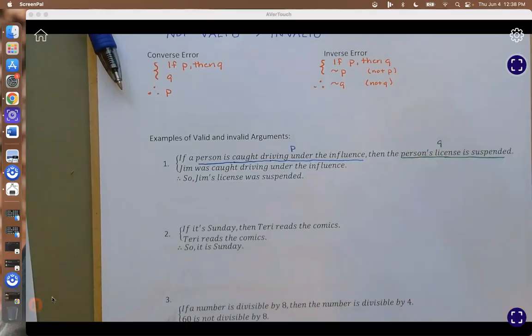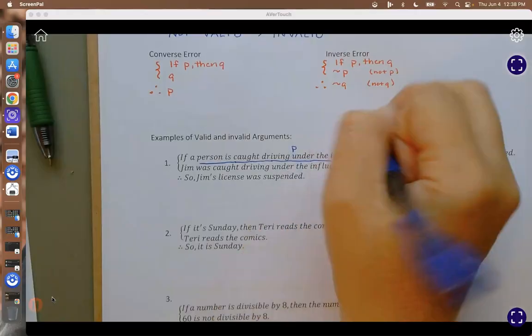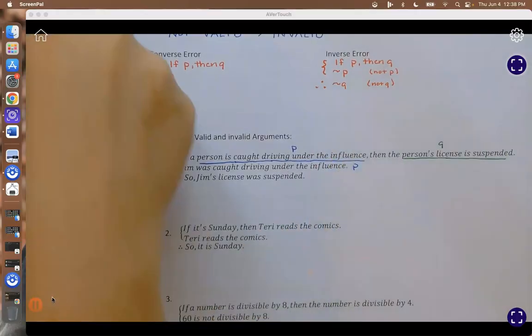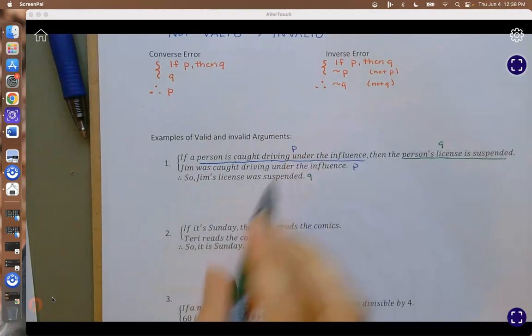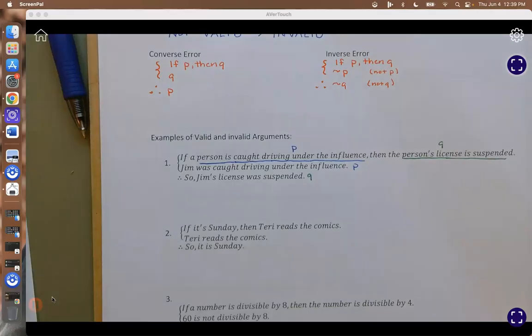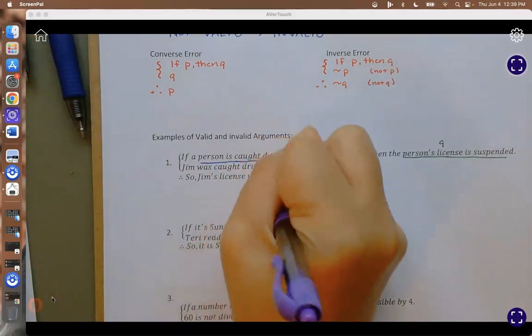That's Q. Jim was caught driving under the influence. So that's a P. So Jim's license was suspended. That's a Q. Looking at your forms and your converse and inverse errors, which form is it? It's the law of detachment.